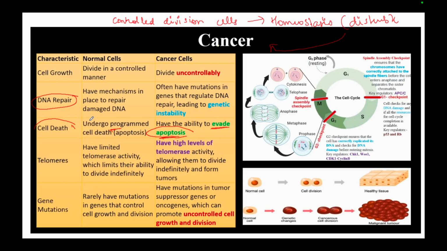So there could be DNA repair damage. There are different DNA damaging agents present in the cell, and once the damage is encountered, if the cell is not able to fix it, the cell is supposed to die through programmed cell death, through apoptosis or other forms of programmed cell death.